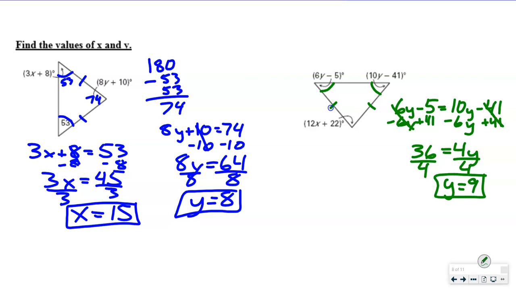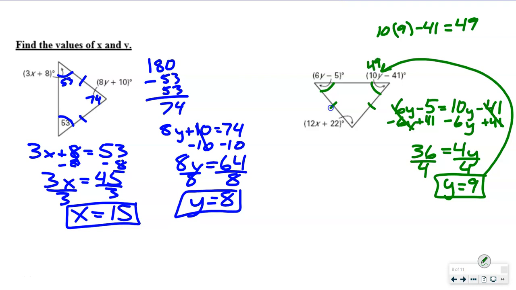Now we can take 9, plug it back in, and find those angles. So take 9, plug it in for y, 90 minus 41 gives me 49. So I know these two angles are 49 degrees.